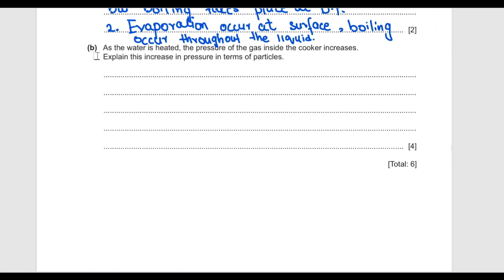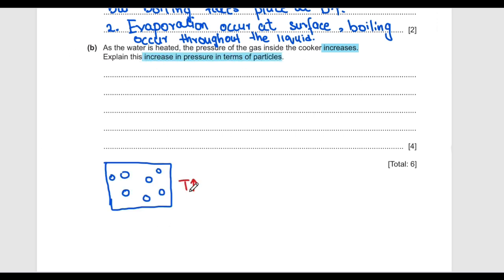Next part is saying as the water is heated, the pressure of the gas inside the cooker increases. Explain the increase in the pressure in terms of the particles. Basically, for example, this is the water. When the temperature rises, the kinetic energy of the molecules will rise and they will start moving faster than before. So kinetic energy is raised.